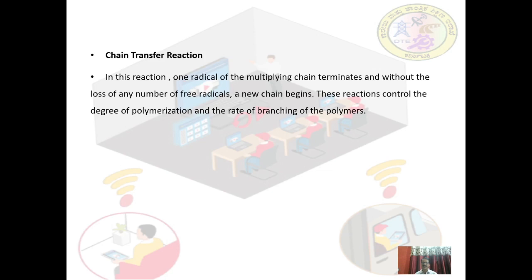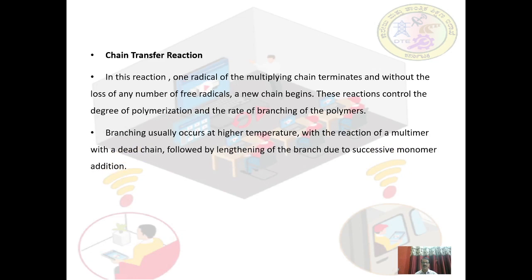These reactions control the degree of polymerization and the rate of branching of the polymer. Branching usually occurs at higher temperature with the reaction of a multimer with a dead chain, followed by lengthening of the branch due to successive monomer addition.